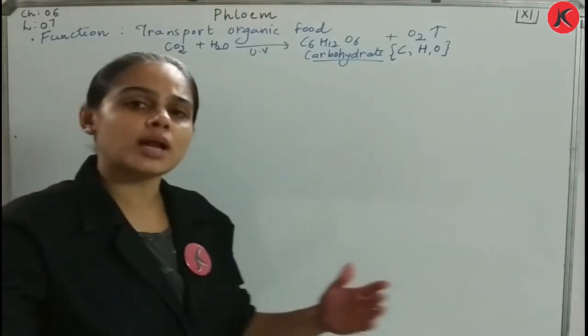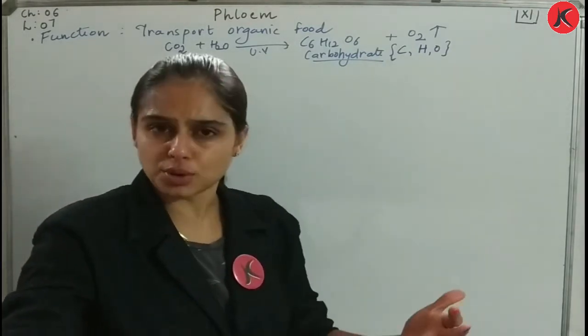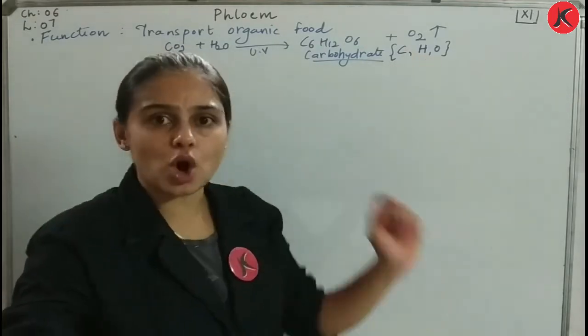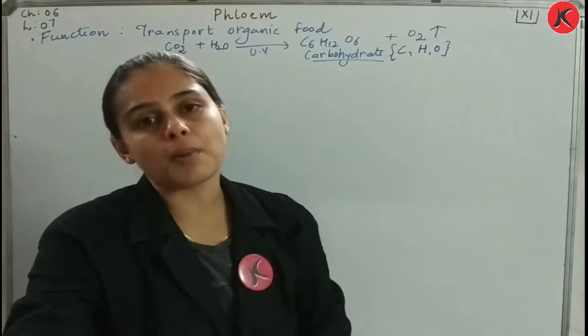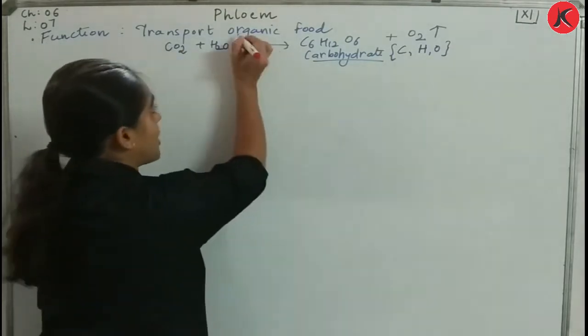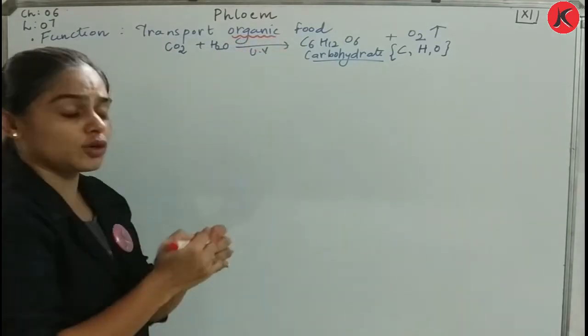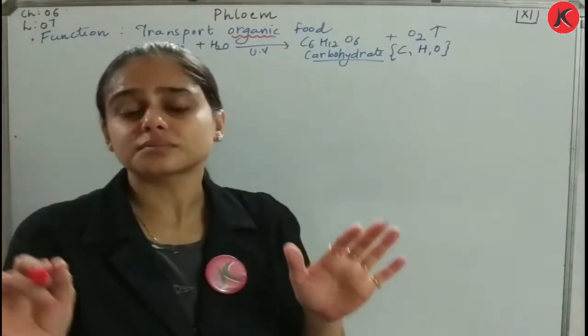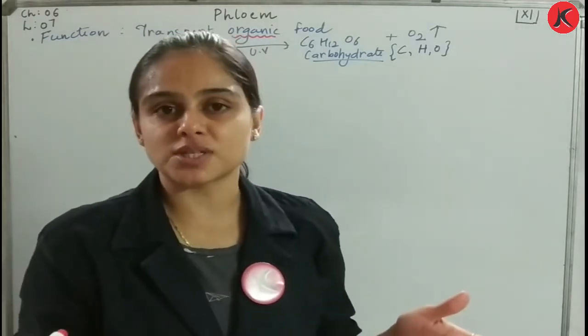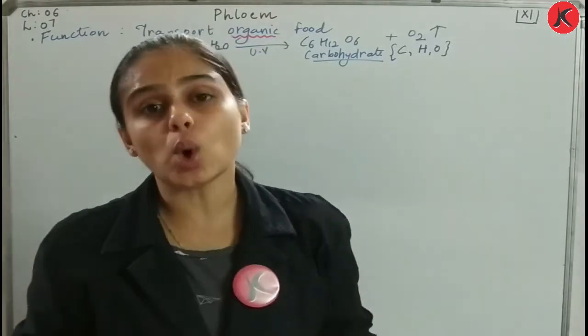Sometimes it can also contain nitrogen, phosphorus and sulfur. But basically a compound with carbon, hydrogen, oxygen is called organic. Okay? So what is the work of phloem? Simple as that, to transport organic substance from one part to another part.